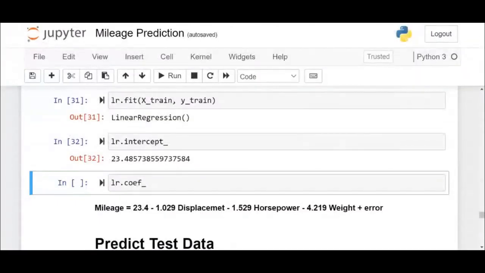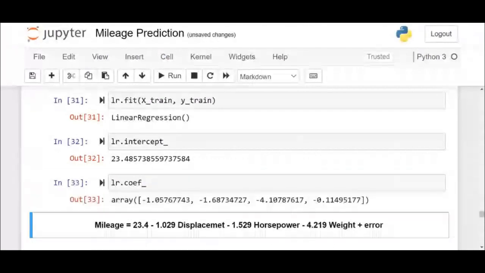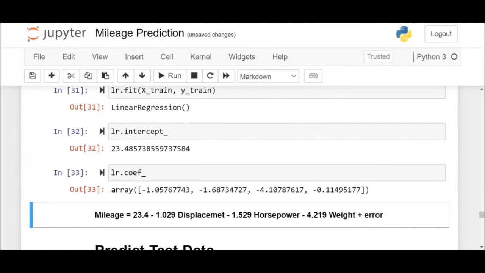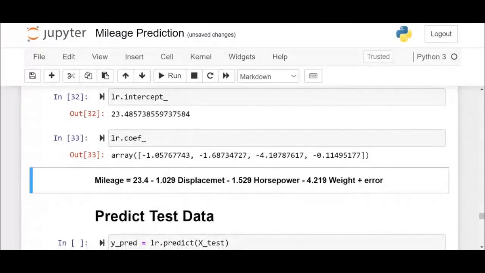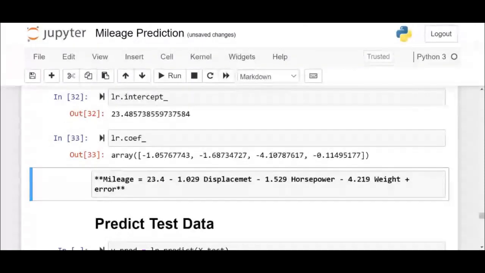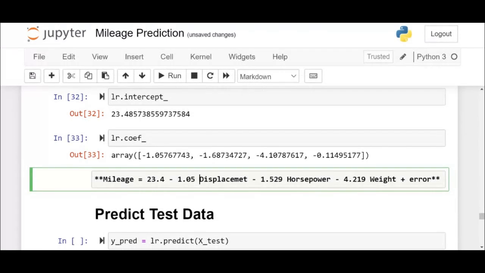Then we have our coefficients, right? We run this. Our intercept is 23.4. Then 1.05 is for our displacement, and minus 1.68 is for our horsepower.